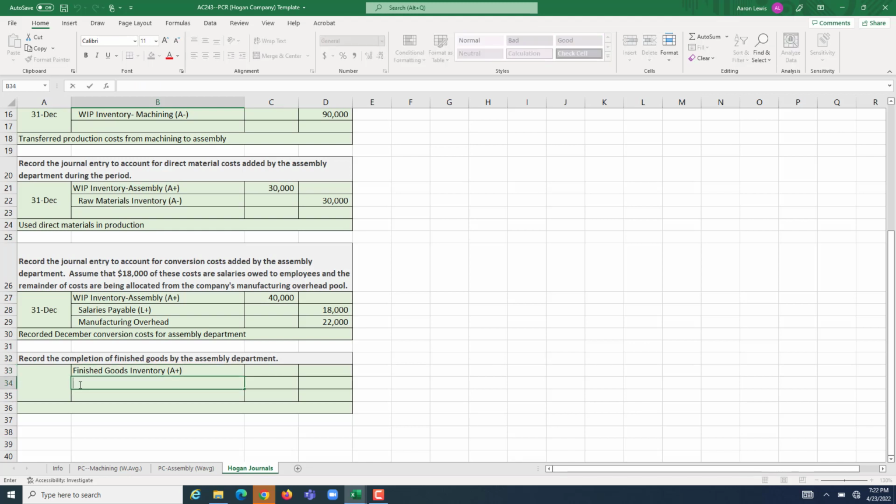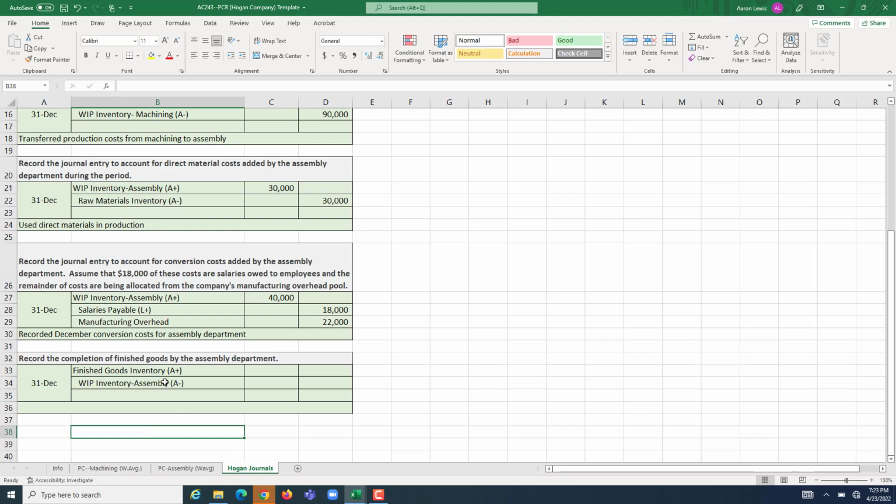And we're going to credit WIP inventory assembly so that our books recognize the fact that all of those costs are no longer in gonculators, which we are still in the process of assembling. This is going to happen one last time on December 31st.